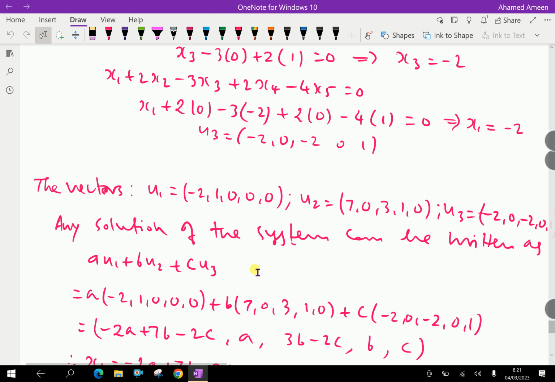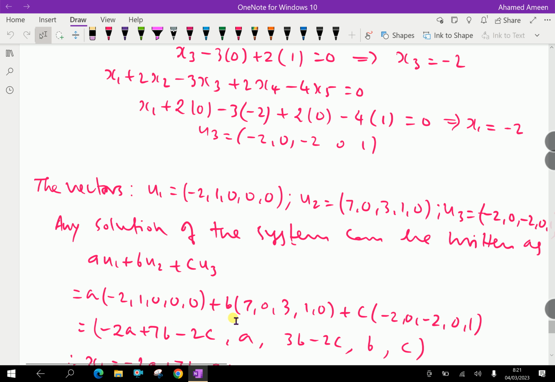Any solution of the system can be written as a u1 plus b u2 plus c u3, where a, b, c are parameters. Substituting the vectors, opening this: minus 2a plus 7b minus 2c is the first part, that is x1.